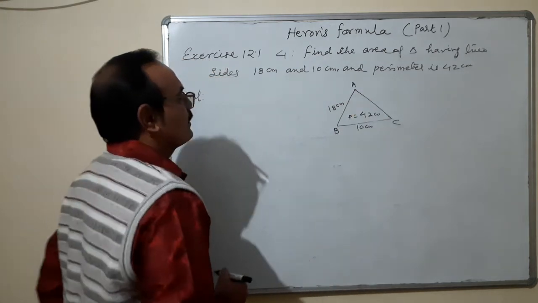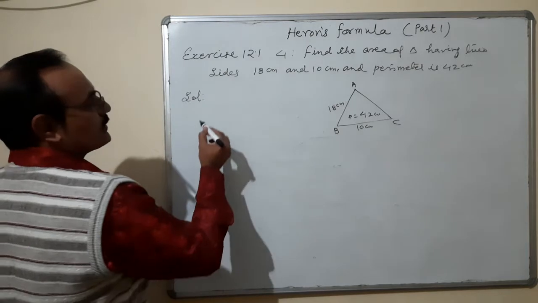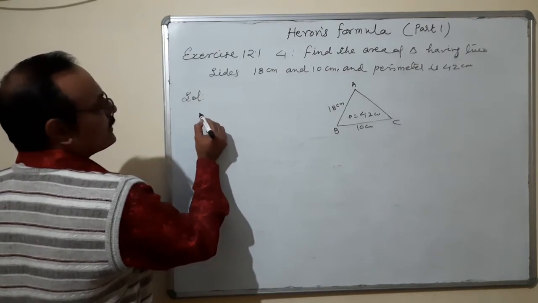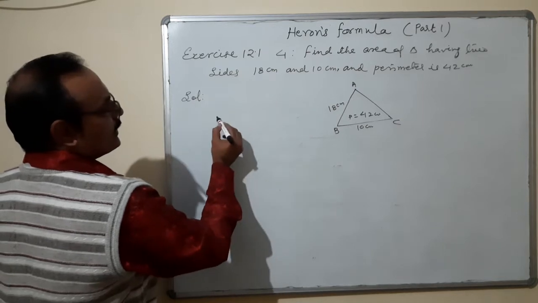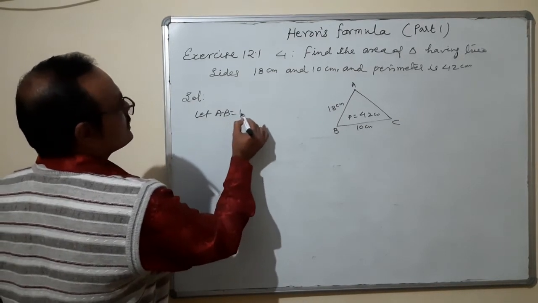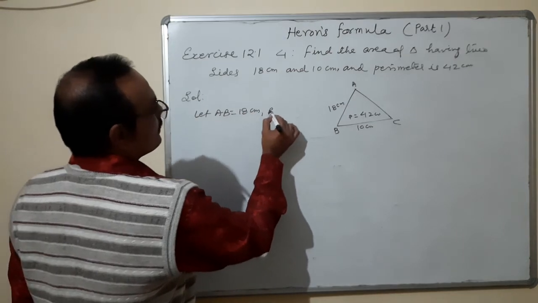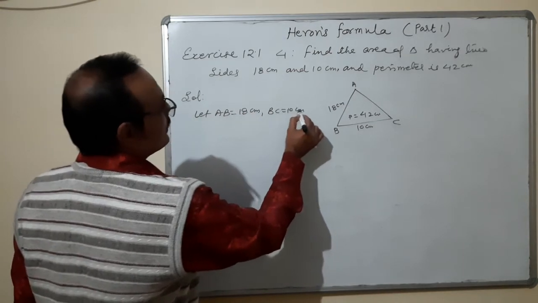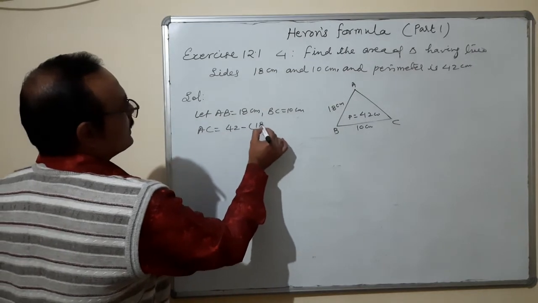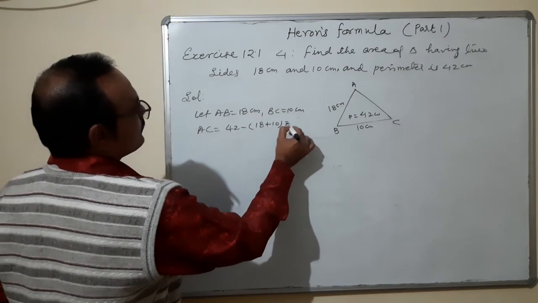Okay, so let the sides be: AB is equal to 18 centimeter, BC is equal to 10 centimeter, and AC, the third side, is equal to 42 minus (18 plus 10). Is it okay?